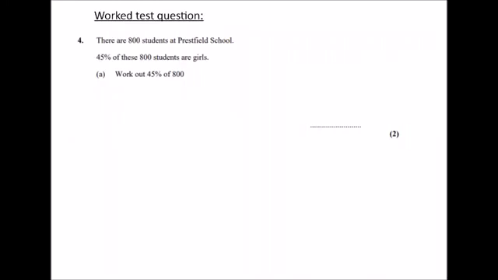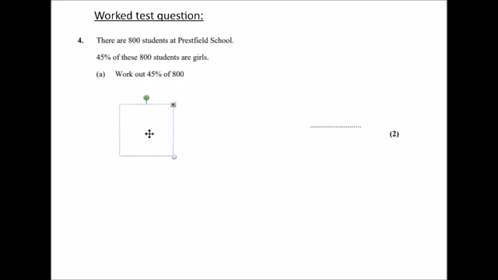So let's work through a test question together on percentages. So in this question, we are told there are 800 students at Pressfield School and that 45% of these 800 students are girls. And part A says, work out 45% of 800.